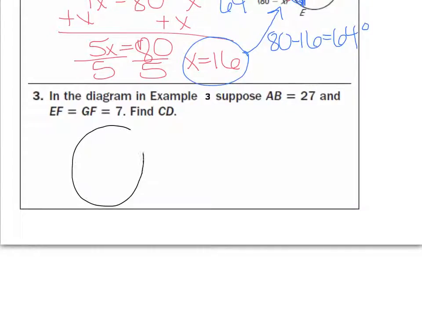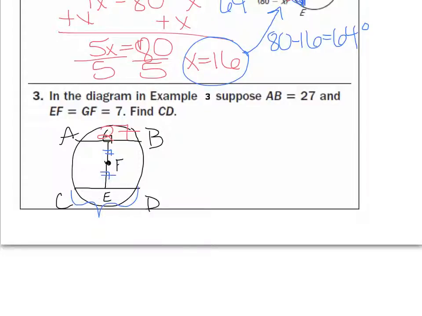So we have here AB, here is CD, and we have our center here, which is F. And so we have A, B, C, D, E, F, G. And it's telling us that AB is 27, and we know that these distances in here are 7, so it wants us to find the length of CD. Well, if chords are equidistant from the center of the circle, then that means chords are indeed congruent. So CD is going to be exactly the same as AB.